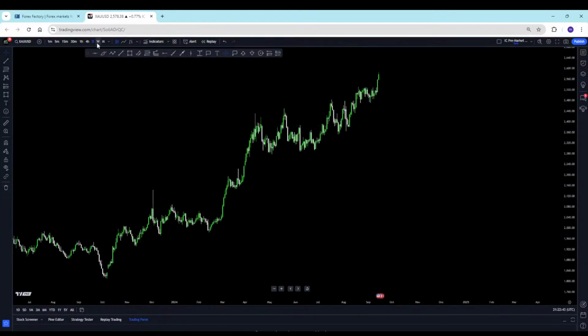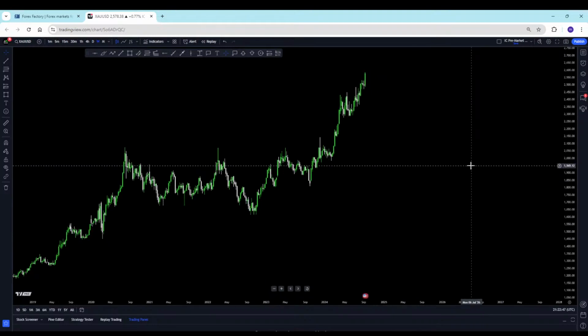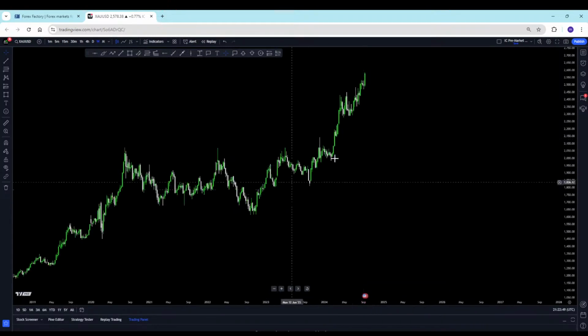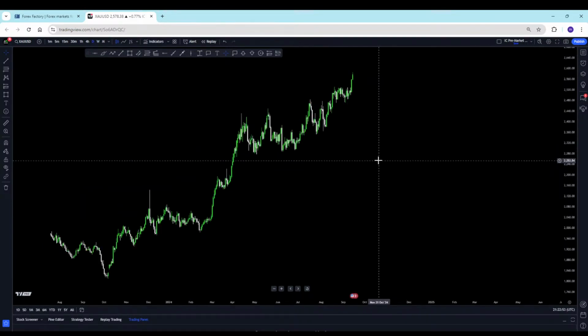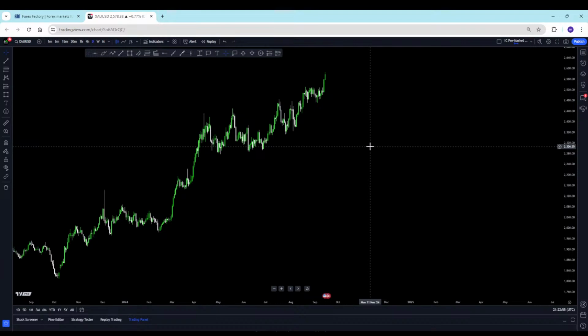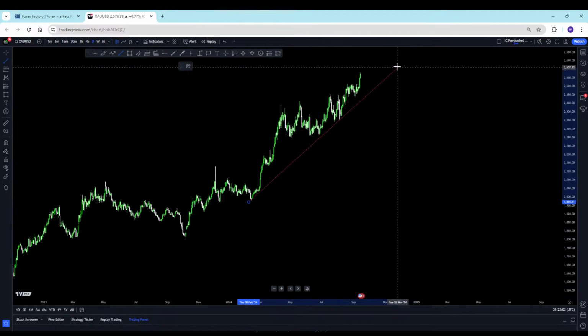Okay, so again, I'm going to start off by analyzing it on a higher time frame. So on a weekly time frame, you can see prices moving upwards. If I zoom in down to our daily time frame, you can see that same uptrend happening. So let's see if we have any trend lines.